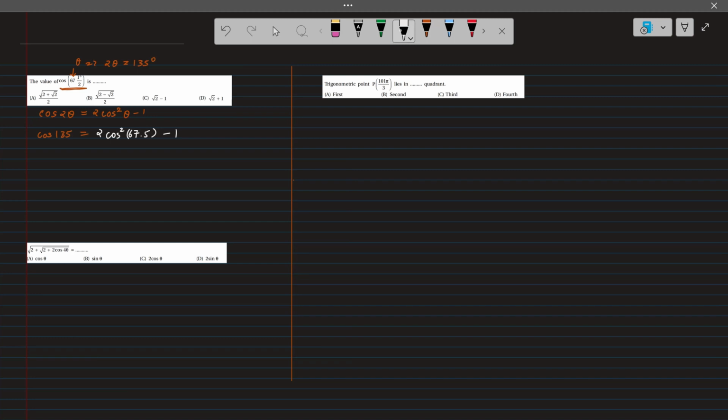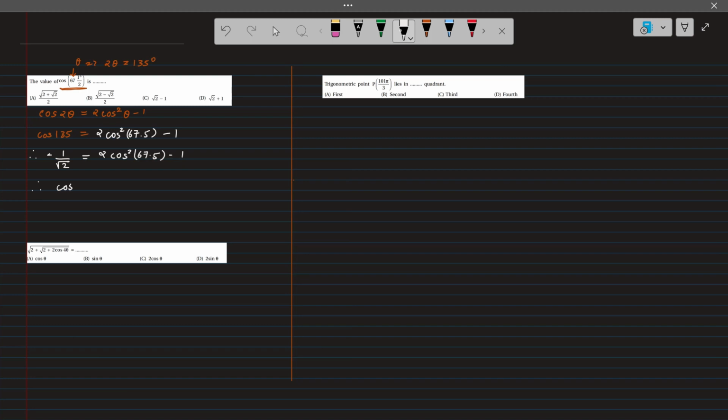minus 1. Cos 135, cos of 180 minus 45, will become minus cos 45, or minus 1 by root 2, equals 2 cos square 67.5 minus 1.